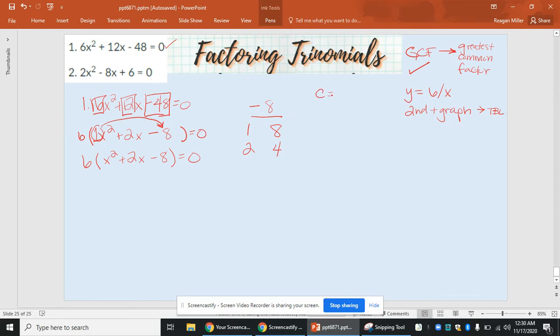Now, I've told a few of you this. If C is negative, right, if your C value is negative, that means that the larger factors, by larger factors, I mean these ones over here, the bigger numbers, okay?